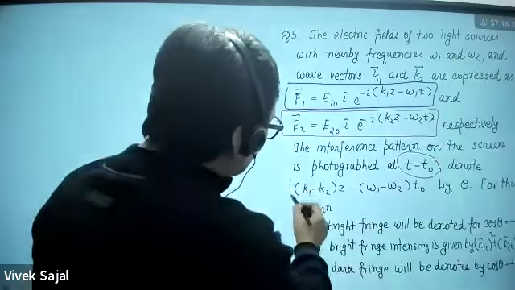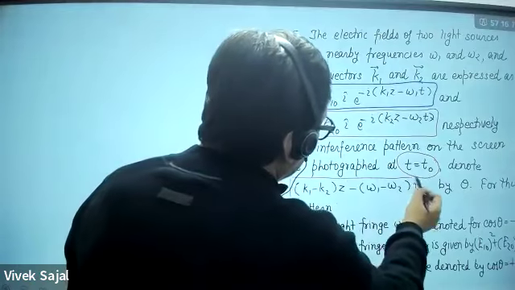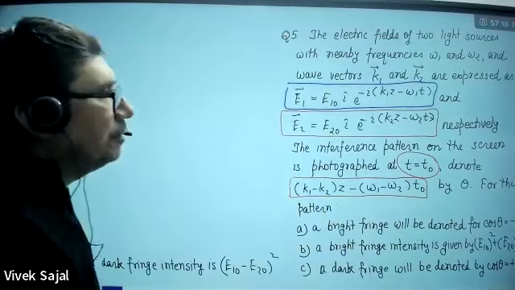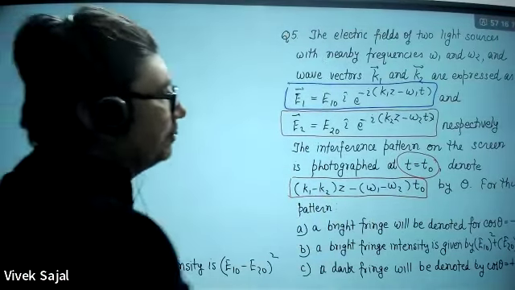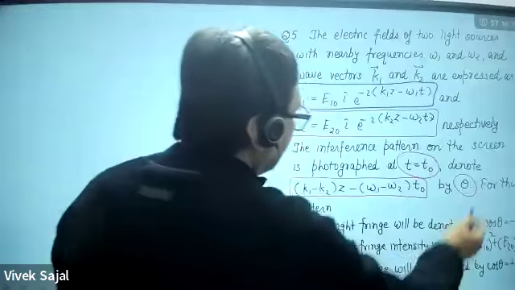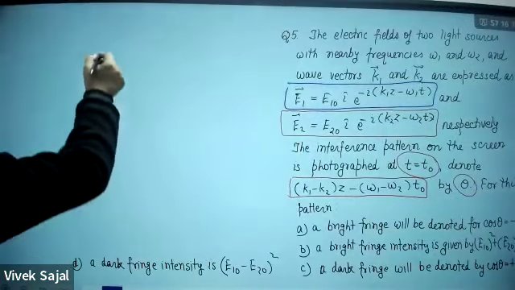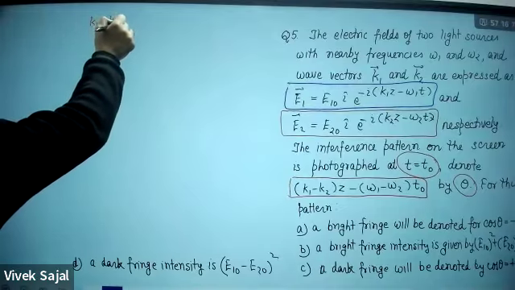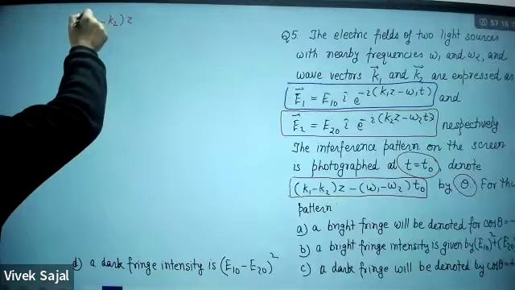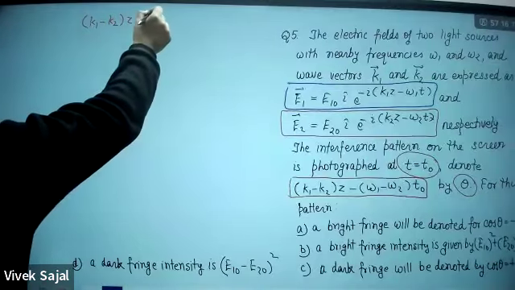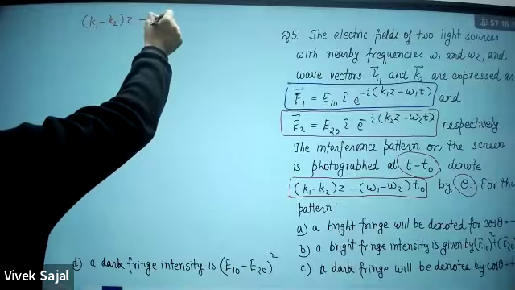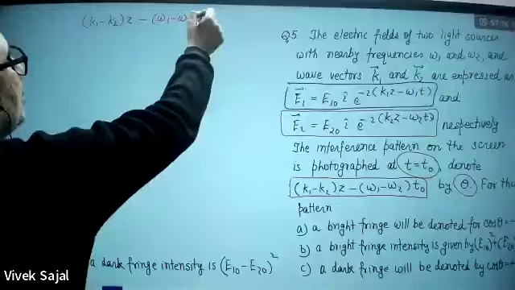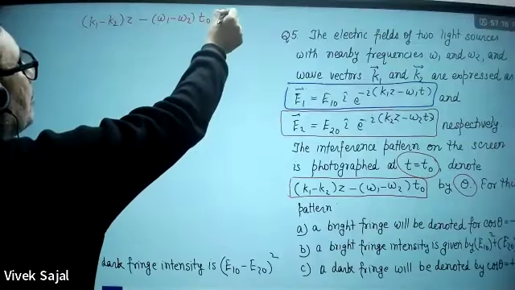And they are saying that this quantity, k1 minus k2 into z minus omega 1 minus omega 2 into t naught, is denoted by theta.